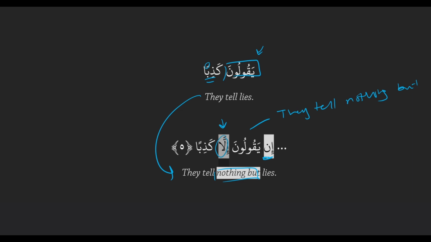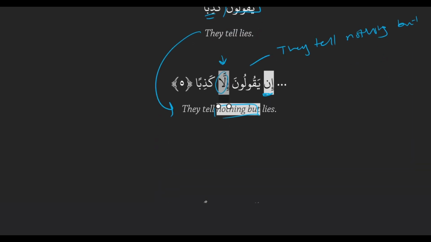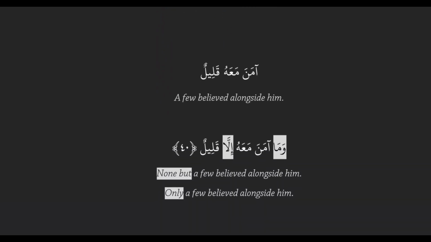Would we have the illa coming before the doer? Yeah, that would be an example of that. So here we have amana ma'ahu qalil. We have amana, our action, then the ma'ahu, and then qalilun, that's our doer. To turn it into a "nothing but," we start with our ma, which is the same as in. It's in illa or ma illa.